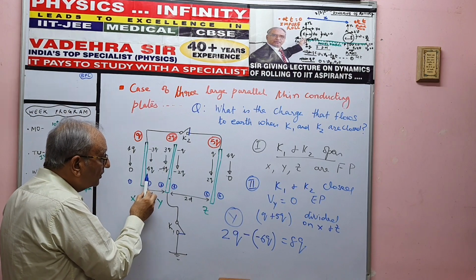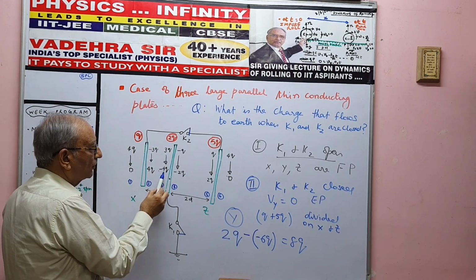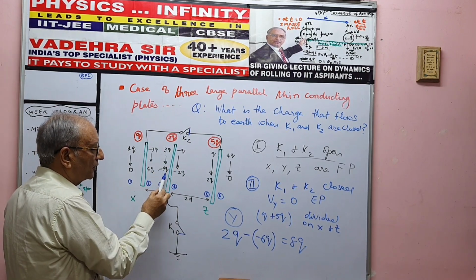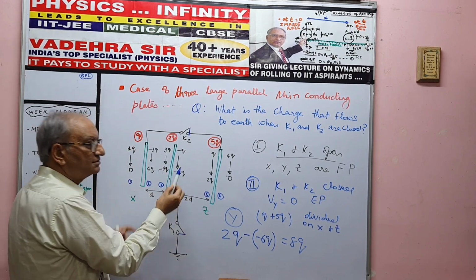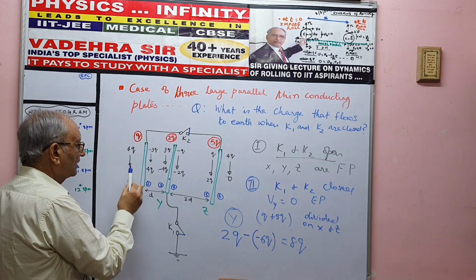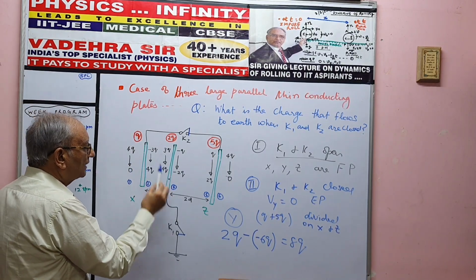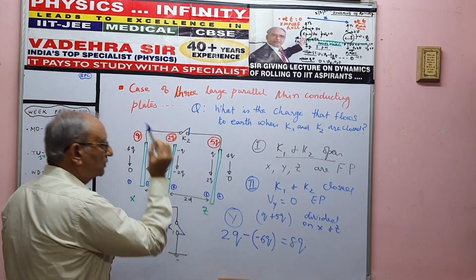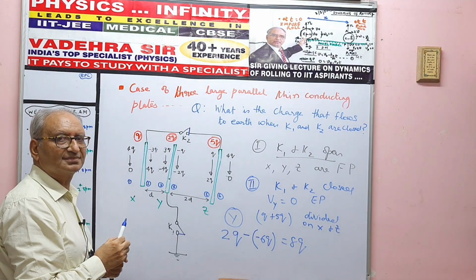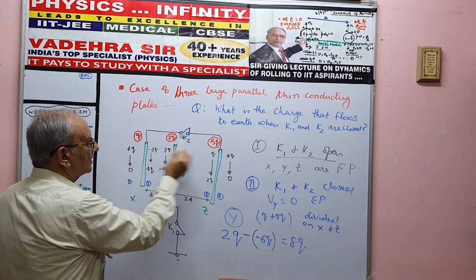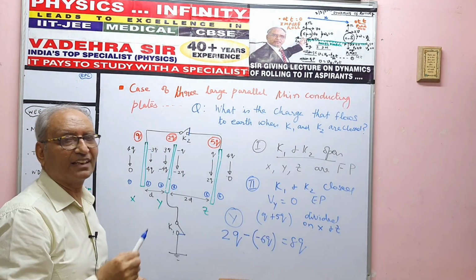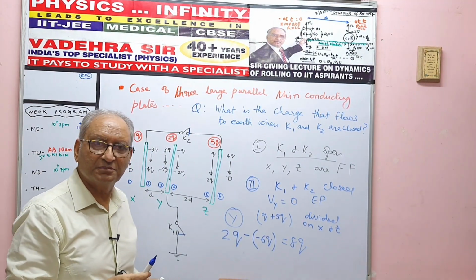If this is 4Q, by Gauss's law, this should be minus 4Q. If this is 2Q, by Gauss's law, this should be minus 2Q. So you have the charges 0, 4Q, minus 4Q, minus 2Q, 2Q. And look at that, 2Q and 4Q conserve 6Q because the total on X and Z should be 6Q.